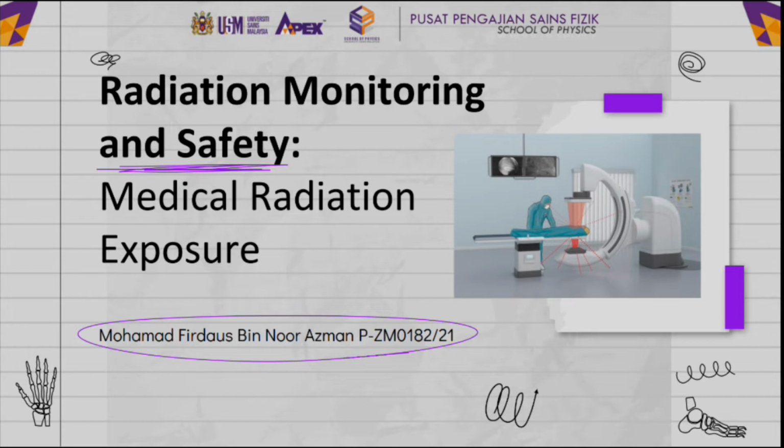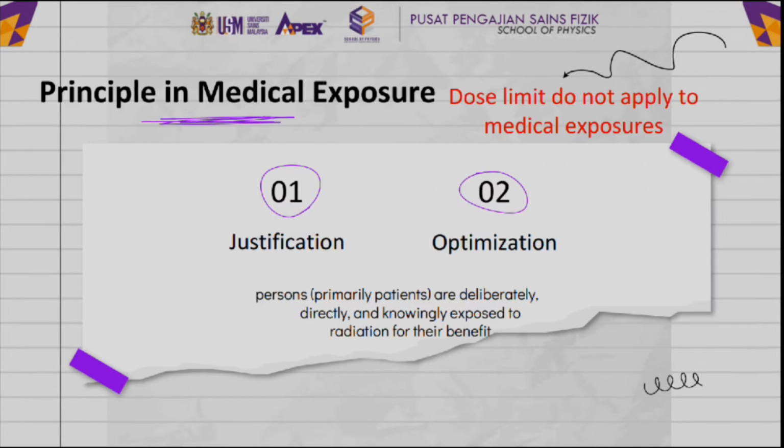Other than practicing ALARA, which is as low as reasonably achievable, and STD, shielding, time, distance, we also have two radiation protection principles if we are considering radiotherapy. The first one is justification and the second one is optimization.